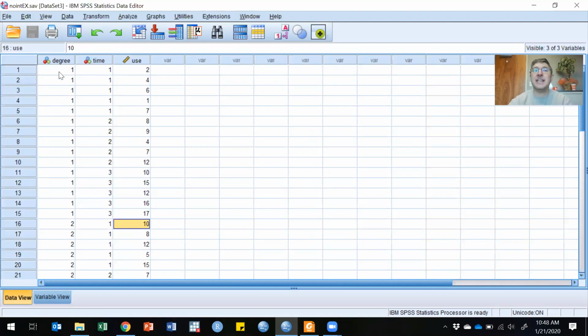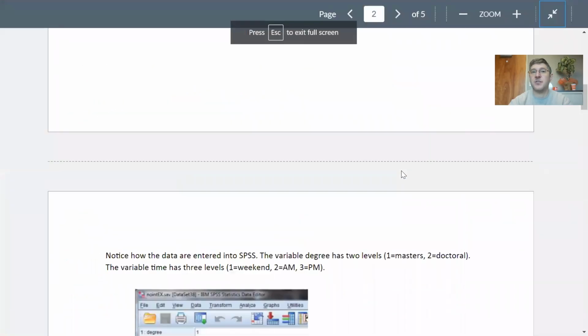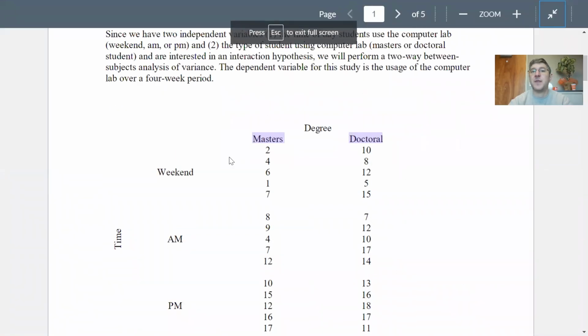So we can see here, person 1 was a master's student who used the computer lab on the weekend for an average of 2 hours. We go back to our raw data here. We have person 1 here. They're a master's student who used the computer lab on the weekend for 2 hours. We also have this student.